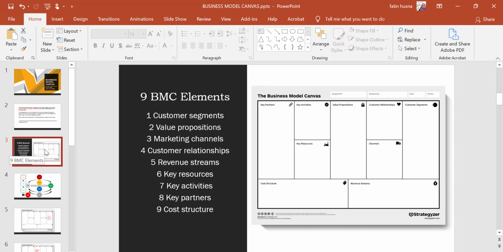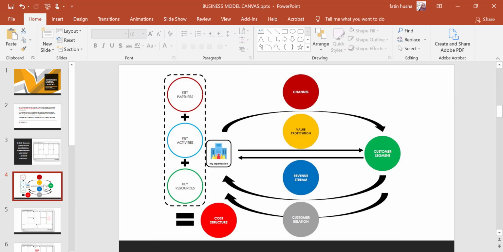So basically, the BMC is actually like this. Key partners, key activities and key resources are very connected to cost structure. Whatever you list in the cost structure must be connected to these 3.